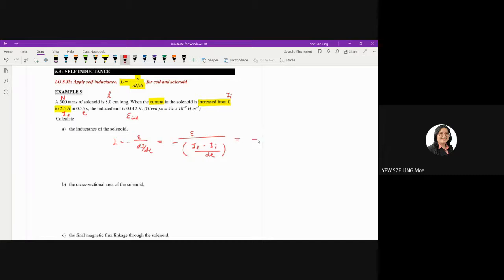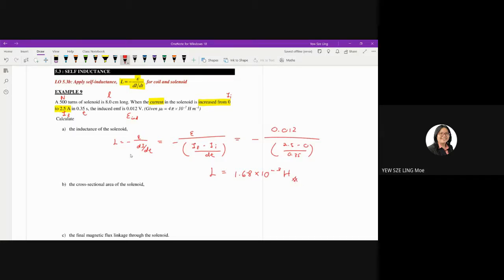So which is then equal to negative, negative EMF here is 0.012 over, I final is 2.5 minus 0 over 0.35 seconds. So L is then equal to 1.68 times 10 to the power of -3 Henry. So that is the answer for question A.